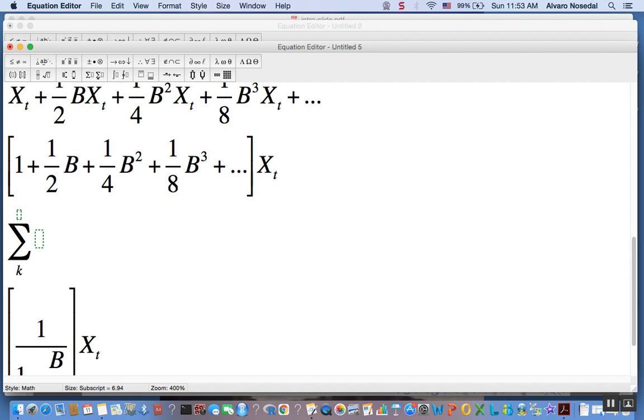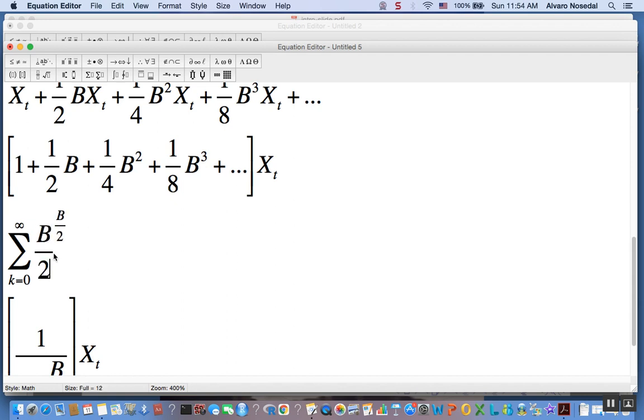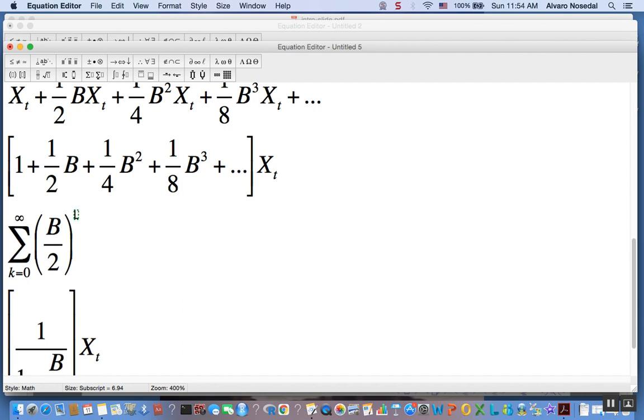This is the same as the summation k goes from 0 up to infinity of b divided by 2 to the power k.